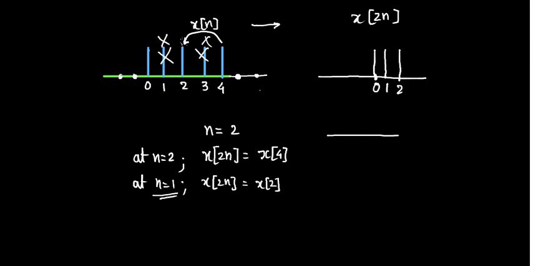Another example. Take this signal. X of 2t, what I'm saying, x of 2t would be like this: 0 to 1. You go on calculating x of 2t.